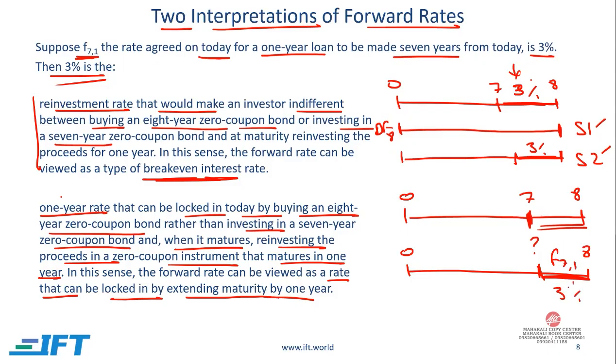If that is 3% and the investor buys an 8-year bond today, then effectively the investor is locking in the rate. And that's what's expressed here. So the forward rate can be viewed as a rate that can be locked in by extending maturity by 1 year. So these are the two possible interpretations of forward rates.